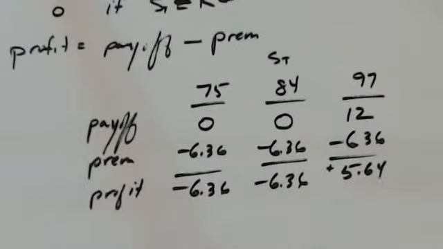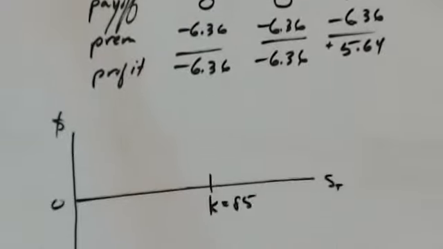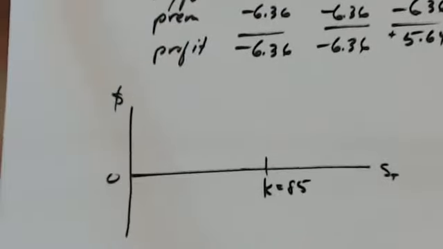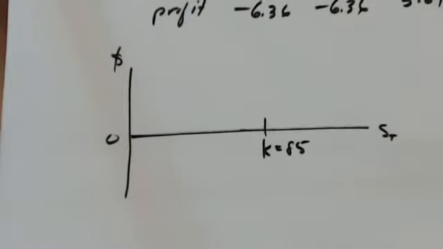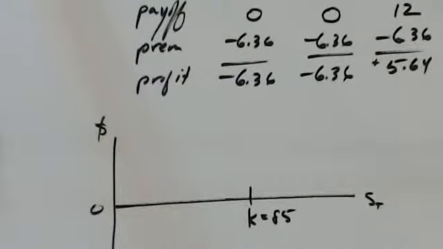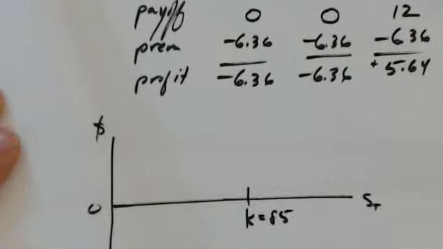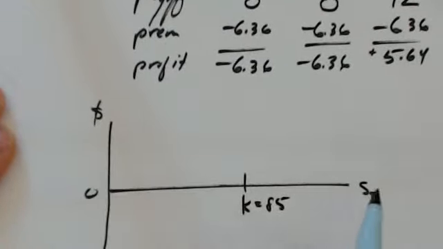So let's graph it. Here's my graph. I'm going to graph the payoff and then the profit. The payoff is 0 when you're below the strike.